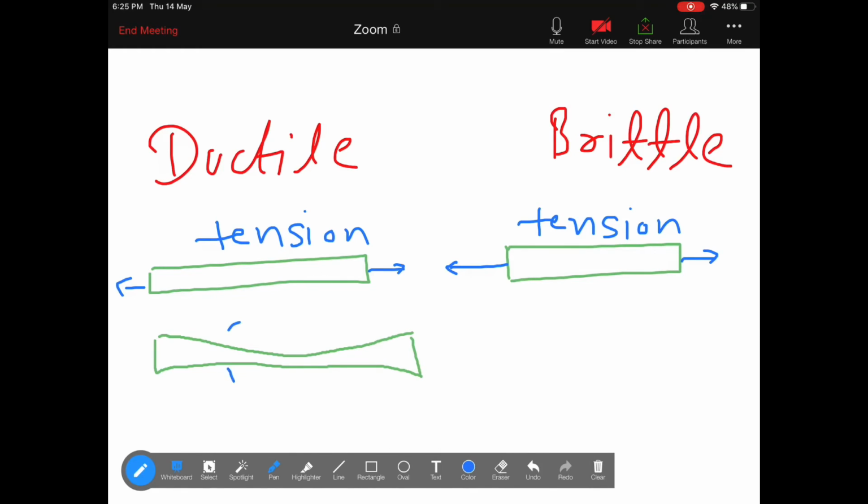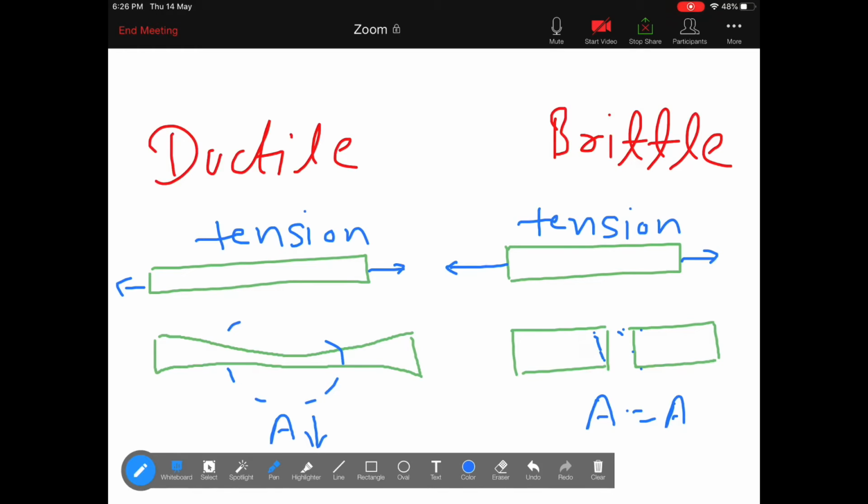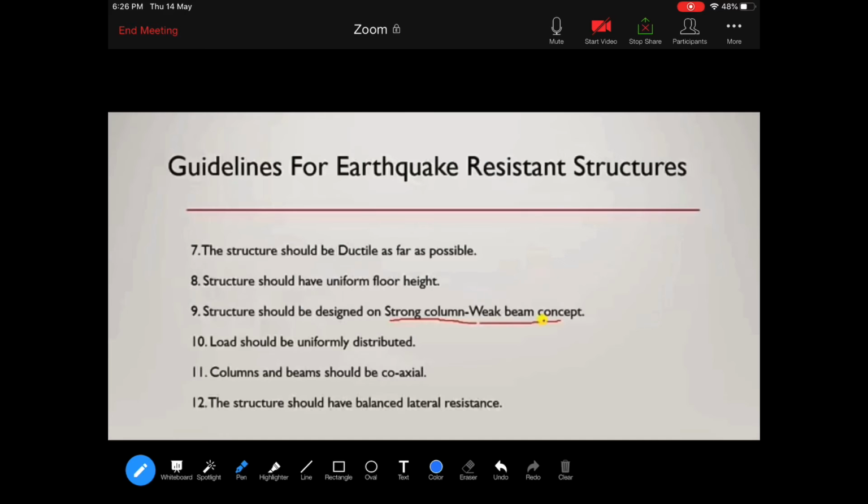This is a ductile material. What is the property of ductile material? Ductile material has much more strain before failure, and brittle material has less than 5% strain. It breaks after 5% strain, completely breaks. Like this chalk, you apply a tension load to both of them, then it completely breaks. In ductile material the cross section area is reduced, and brittle material also the same.